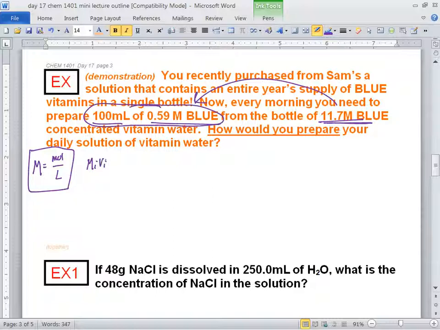Here's the other equation. More than likely, to answer this question, which one are we going to be using to solve it? First one? It gives you the milliliters. But which big M would you use?